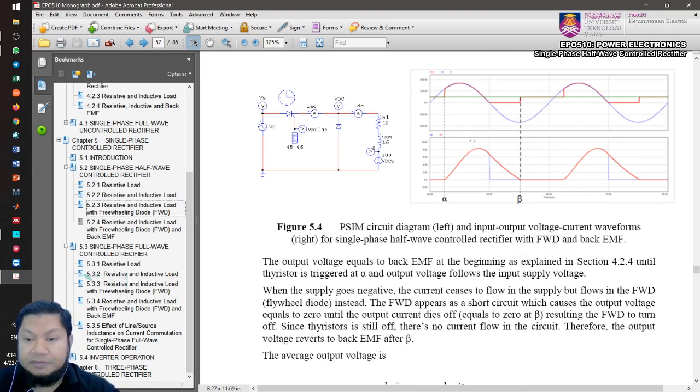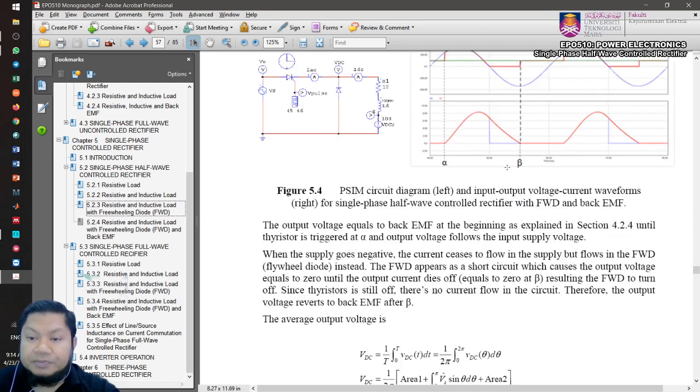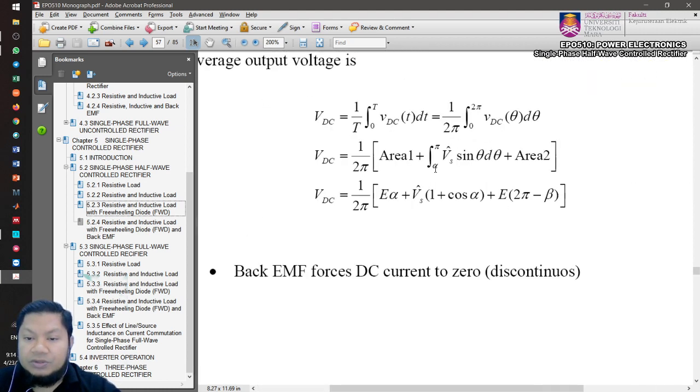Your waveform only exists from alpha to pi, not to beta, because it only exists from this point until 0 here, pi. So this is pi, that's why the limit is pi here. And then V peak sine theta, this is the area, and therefore VDC equals 1.5.